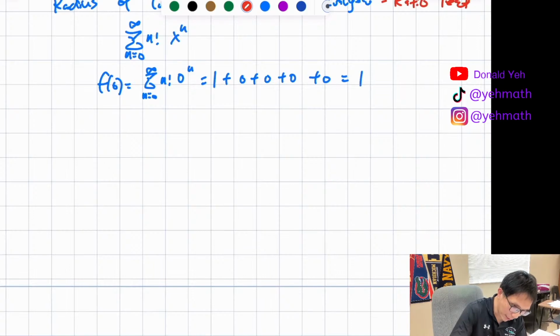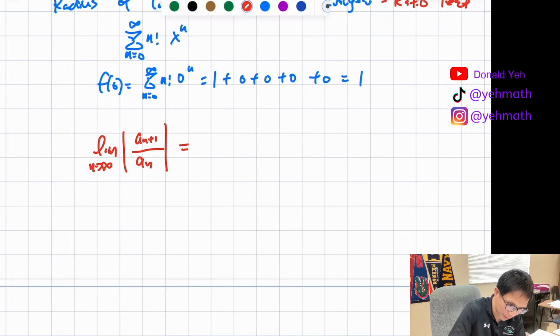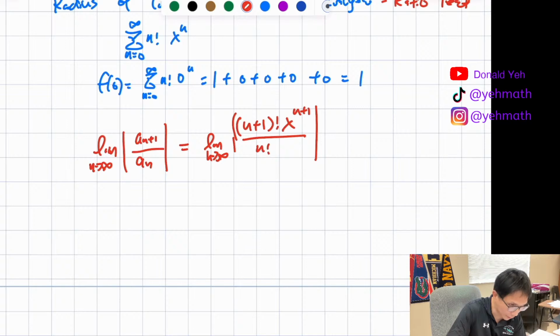So then you say, okay, let's take the limit as n approaches infinity of a_(n+1) over a_n, which is equal to the limit as n approaches infinity of (n+1) factorial times x to the n+1, all over n factorial times x to the n.